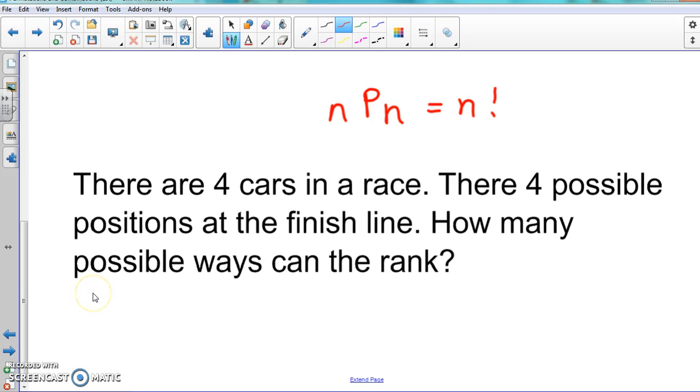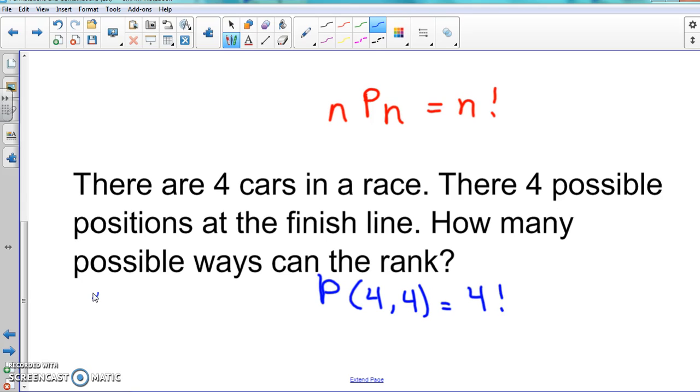And so all we do at this point is just do P(4, 4), because there are 4 cars and 4 positions. And so that means that we're going to just do 4 factorial. And then on 4 factorial, you can either put that in a calculator and do it, or you can do 4 times 3 times 2 times 1.